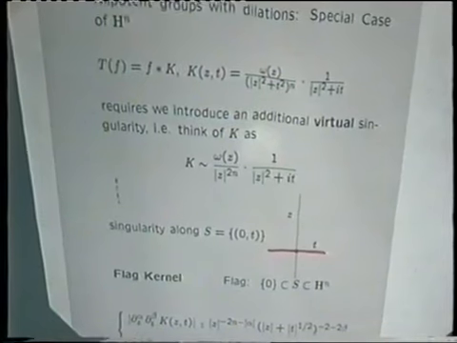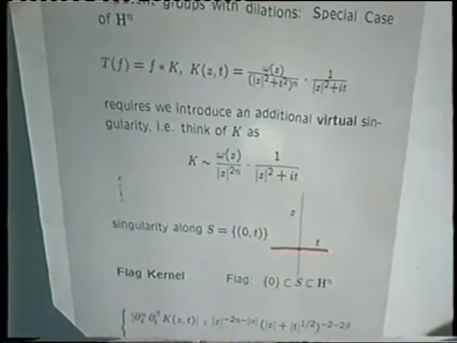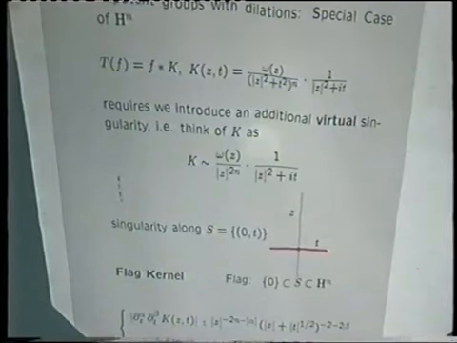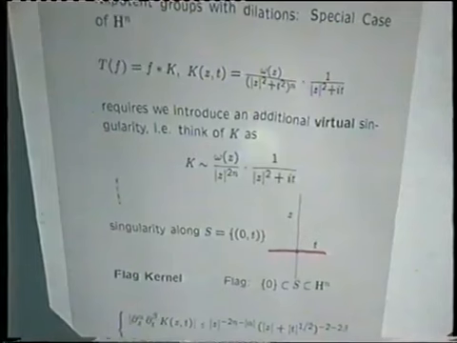You notice that this kernel has a singularity only at the origin, that is, when z is equal to t, that's the origin. It's a convolution operator. As a kernel on the product space, of course, it's a singularity only on the diagonal. But here it's a convolution kernel, so it has a singularity at the origin.